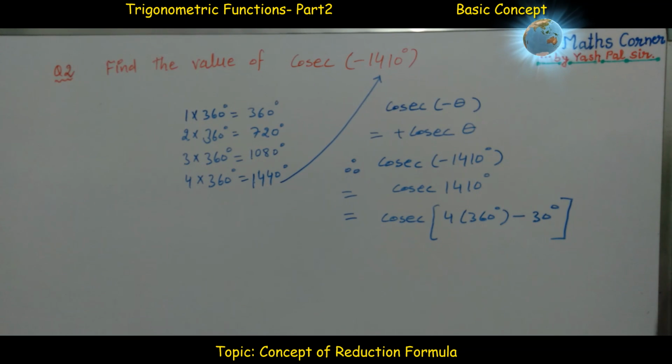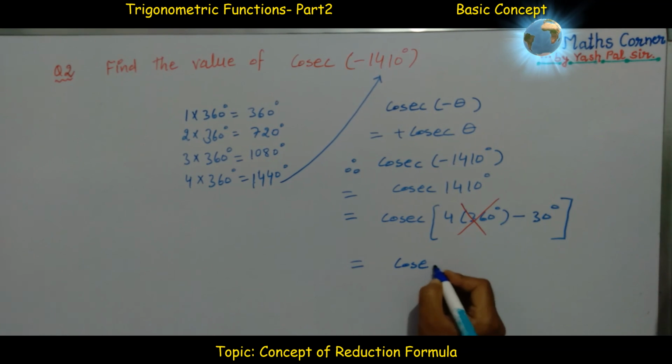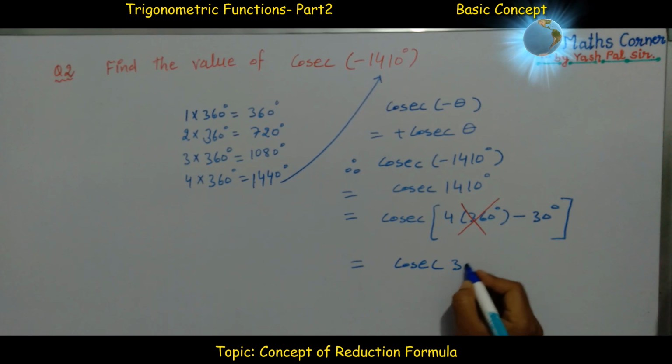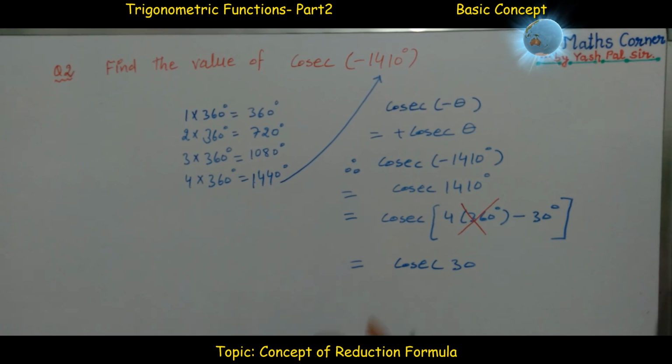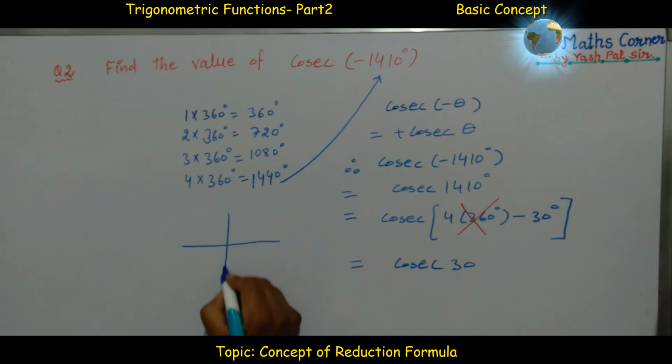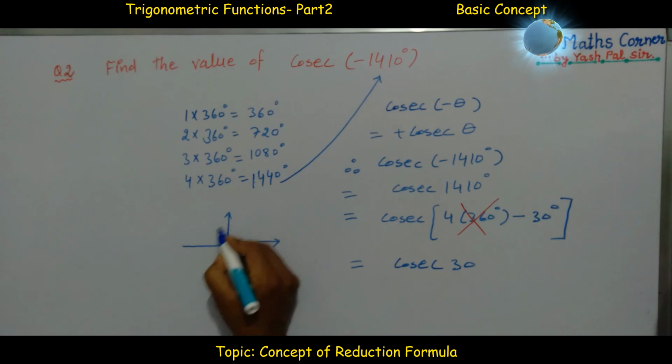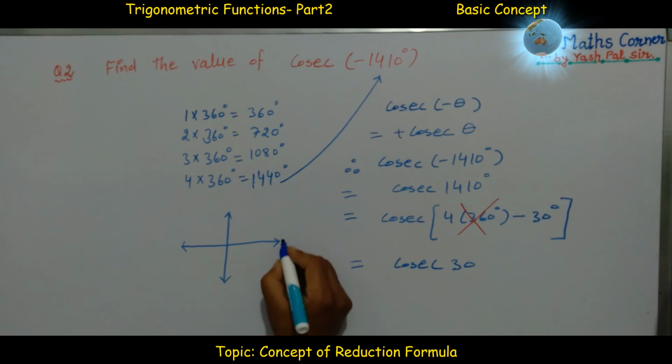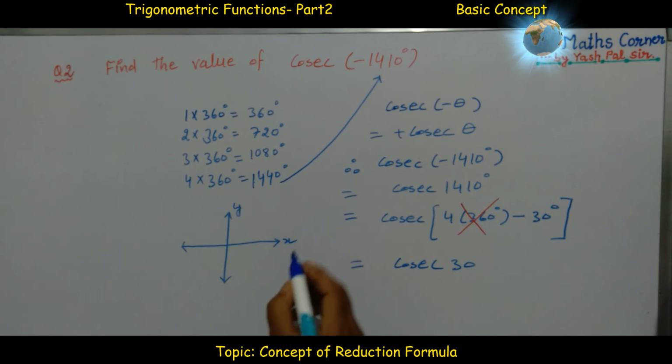Now in the next step, we do not consider the rotations, we just write cosecant 30 degree with a plus or minus sign. For this purpose, this is the coordinate system, x axis, y axis.